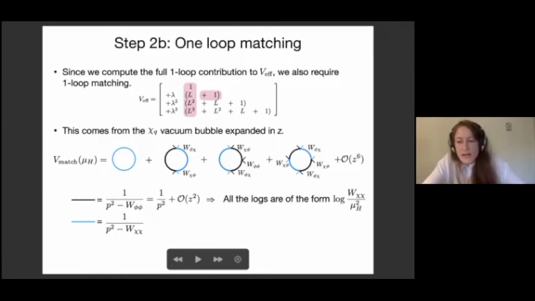And W chi chi is order 1, mu heavy is order 1. So all of the logs in this matching formula are small. There are no large logs here since I've expanded out the phi quantum propagator in Z.